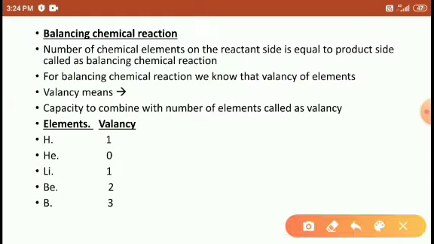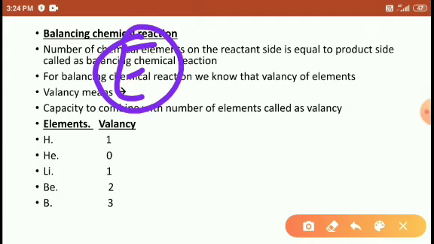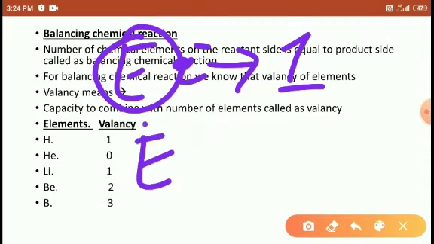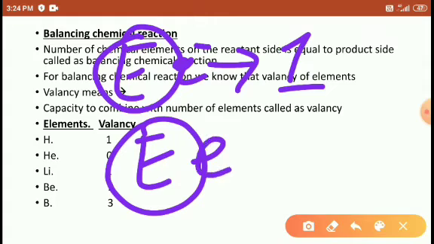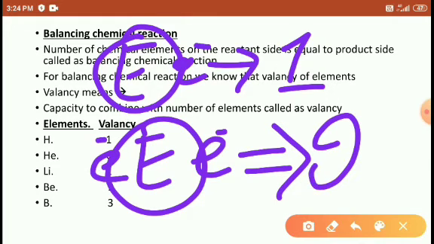For example, the element E stands for an element. This element has one outermost electron, so it bonds with only one species. This element has two electrons, so it has the ability to bond with two species. That is what we call valency.